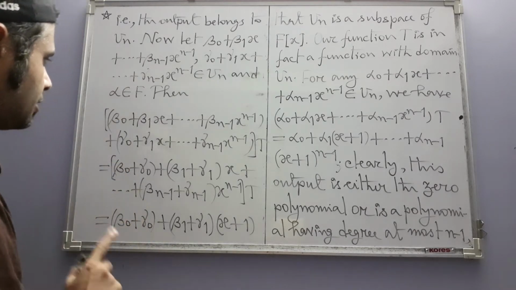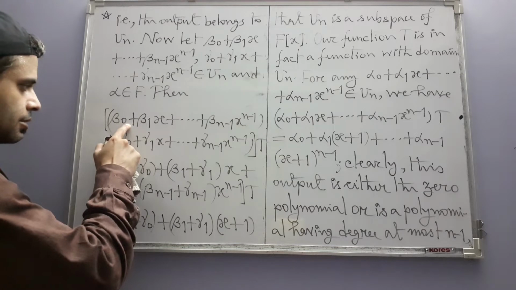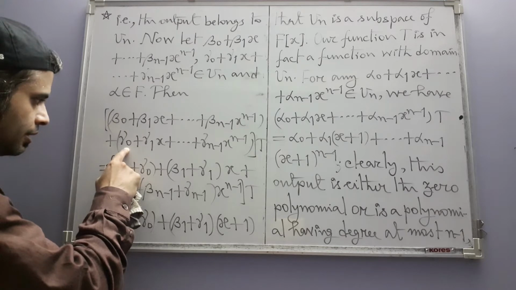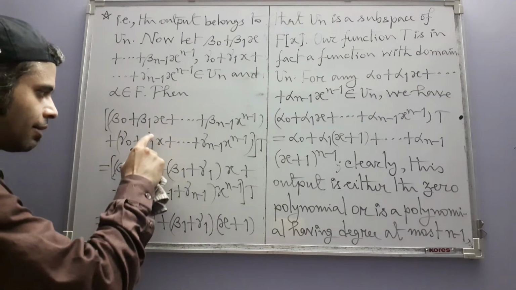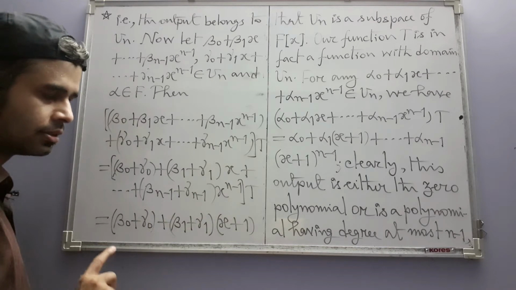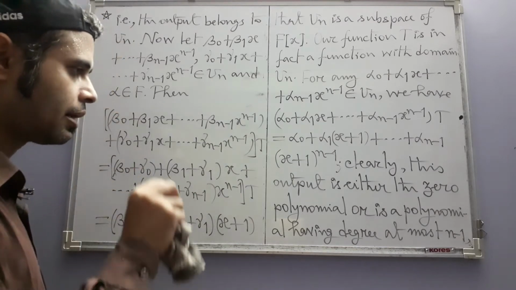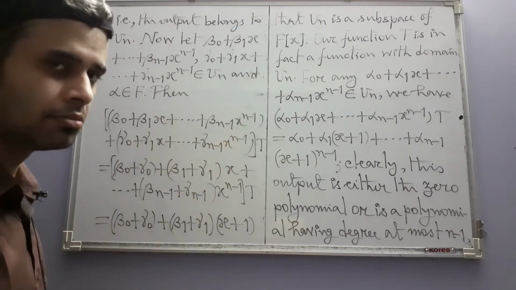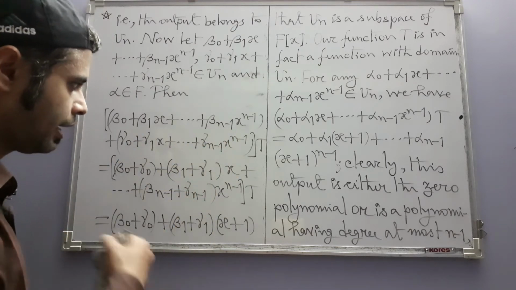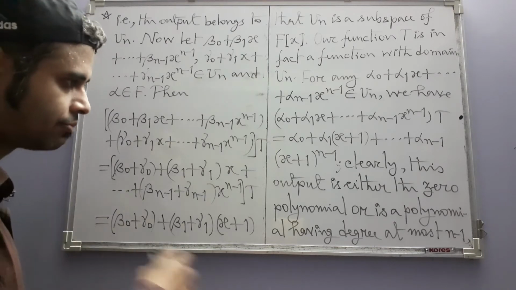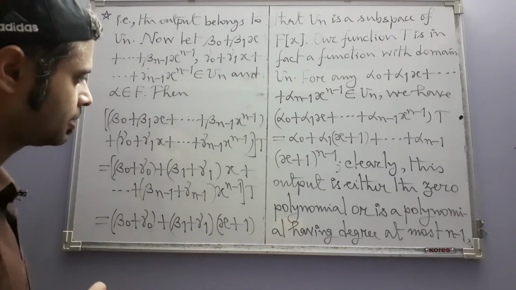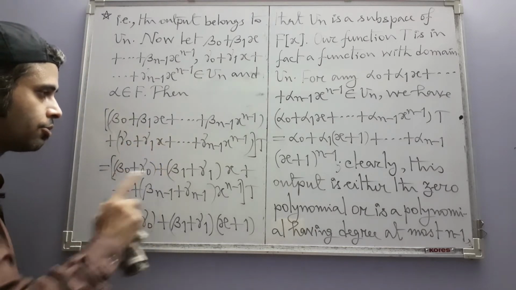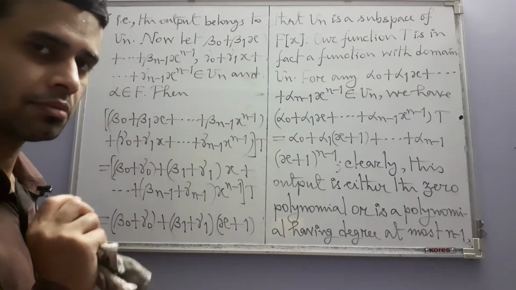So when you first add polynomials, there is a set definition. According to that definition, you have to add beta naught and gamma naught, and then you have to add beta 1 and gamma 1 and write like this, because when you are defining addition, these are just some formal symbols. But after you have defined addition as well as multiplication in that ring of polynomials F[x], you identify the monomials themselves as polynomials.